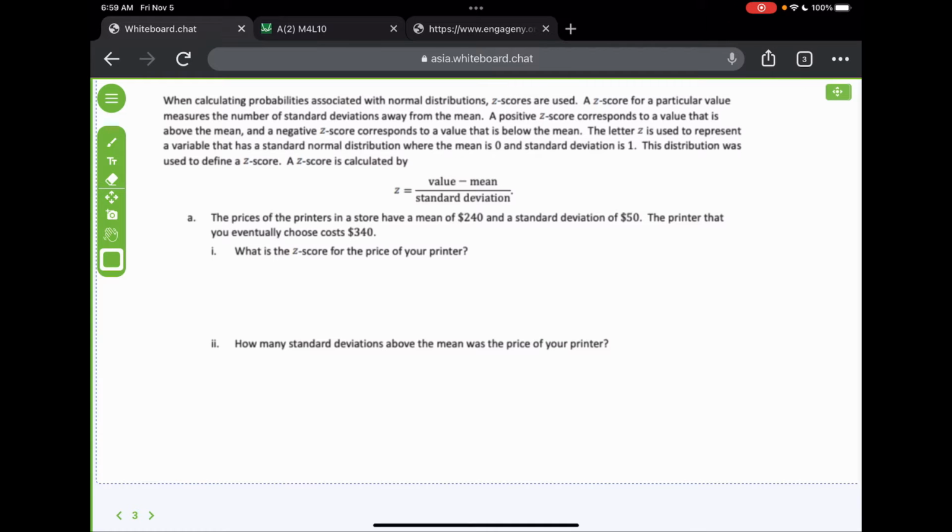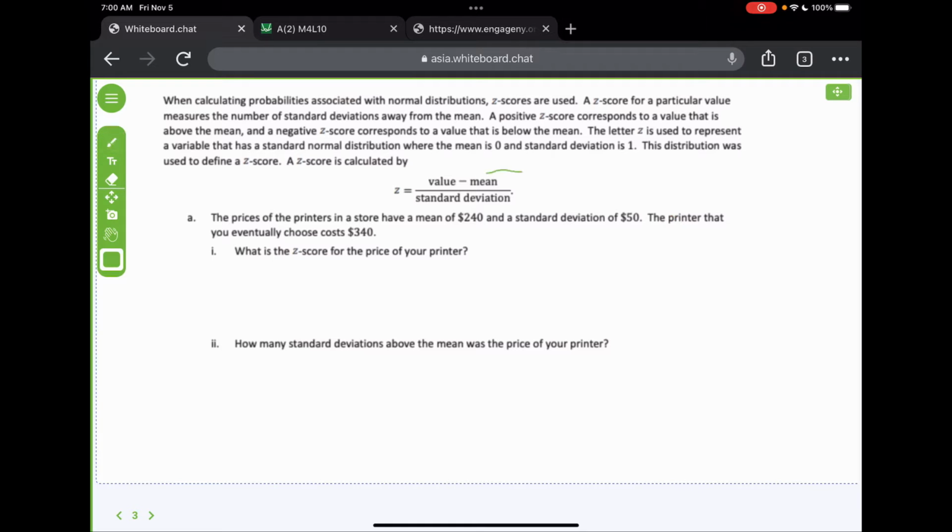Okay, so whenever you're looking at a mound shape, the mean, count that as 0. This one above and below, that would be 1 standard deviation between. This distribution was used to define a z-score. A z-score is calculated.